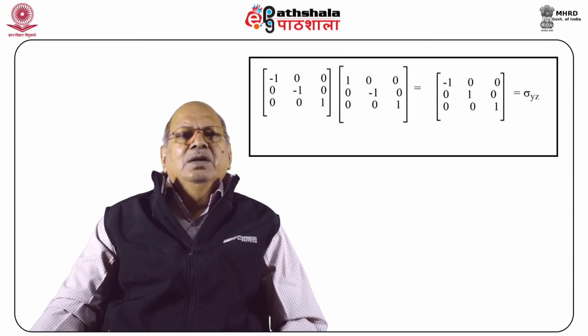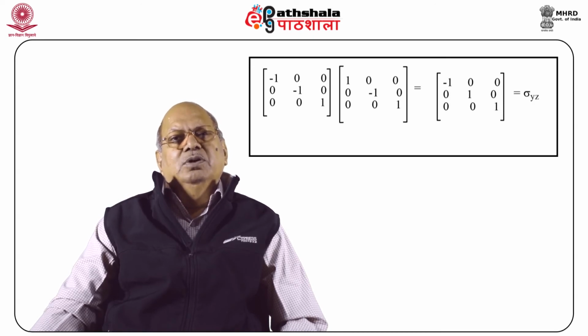Let us take C2 into sigma xz. Our table for the C2V point group shows the result should be sigma yz. Now I take the matrix corresponding to C2 and the matrix corresponding to sigma xz and multiply them. I get the matrix minus 1, 0, 0, 0, 1, 0, 0, 0, 1. This is nothing but the matrix corresponding to sigma yz.